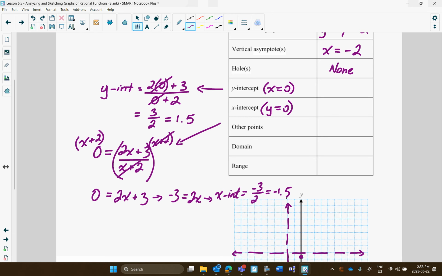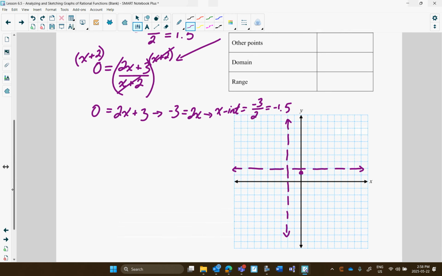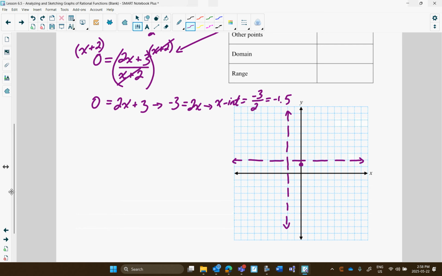Where's that? Negative 1.5 is there. Can we see how the curve shapes now in this section? You should be able to see now that it goes like this.